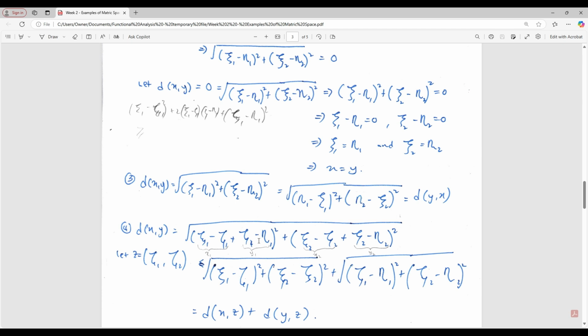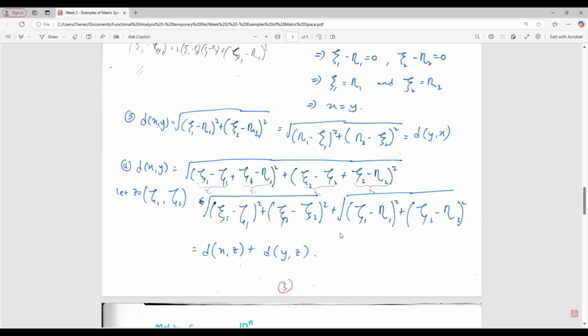The same rules apply here. When we look again at what we have written, this is the metric of x and z, and this is the metric of z and y. Therefore we have proved the triangle inequality.